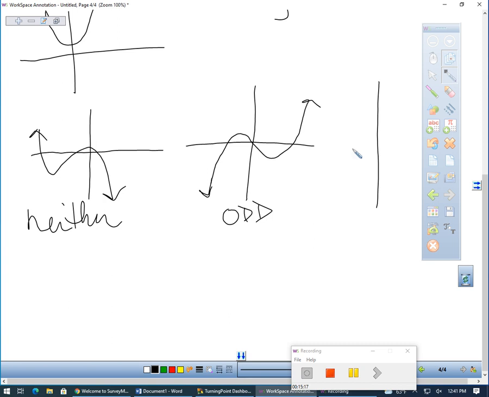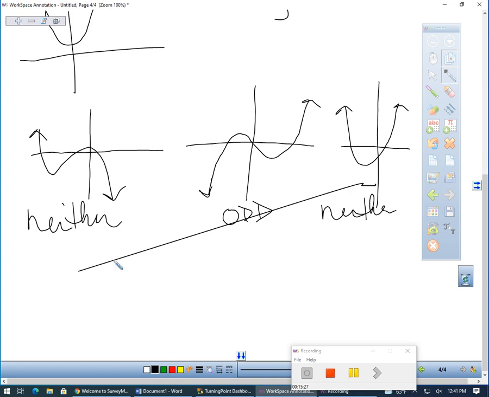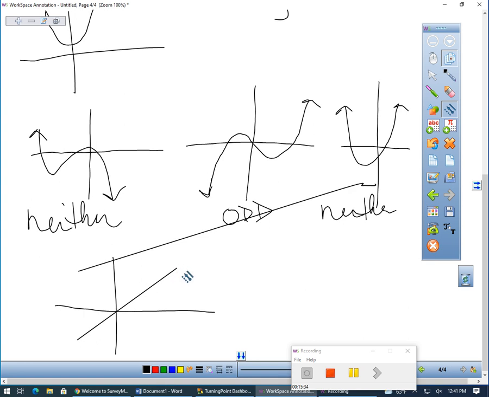How about this picture? Neither. Good. I was trying to be tricky. How about this one? It is odd. It is. Right? And one last one.